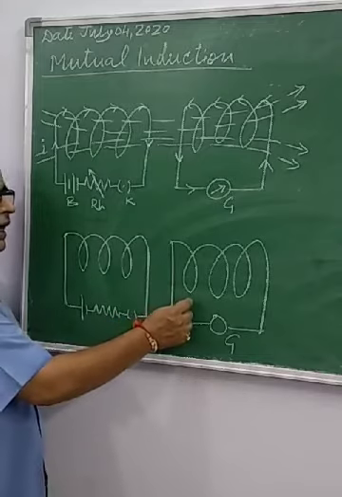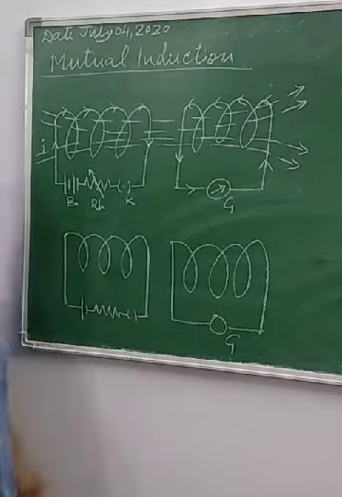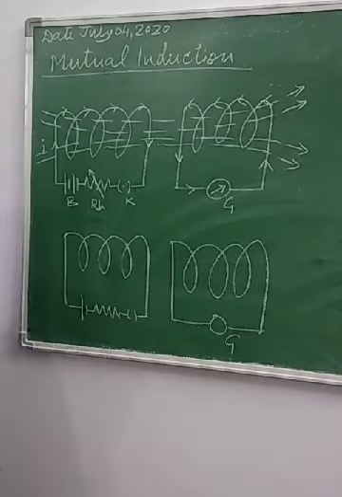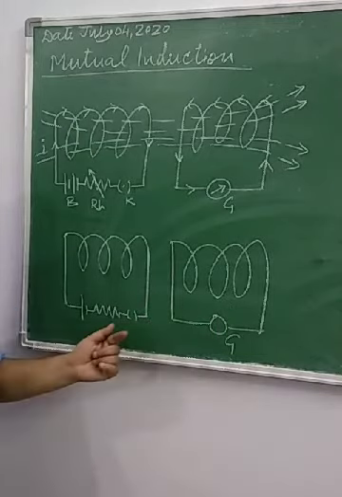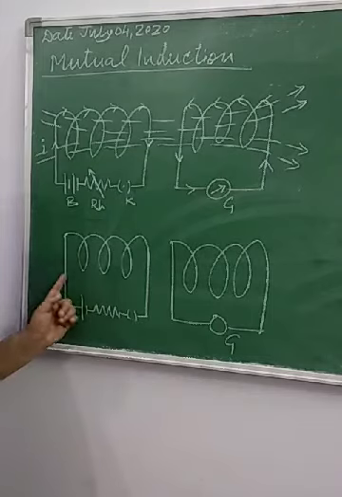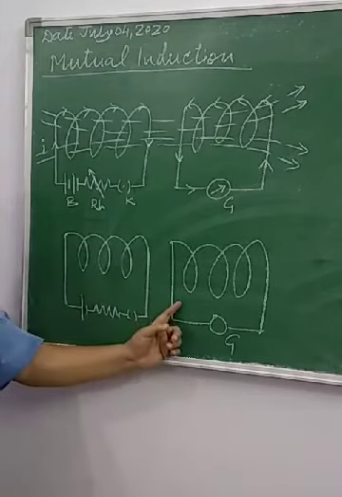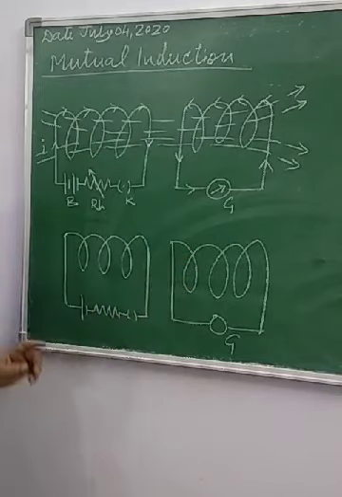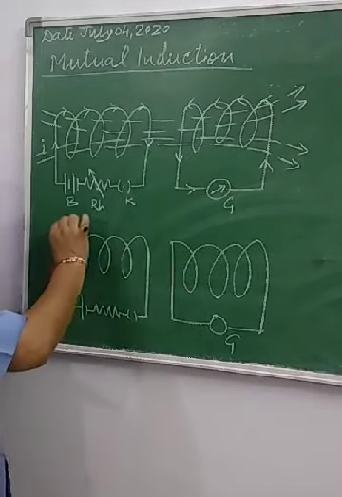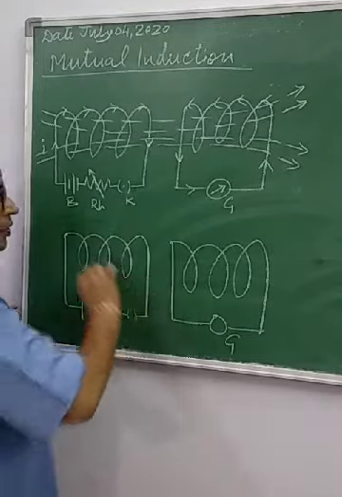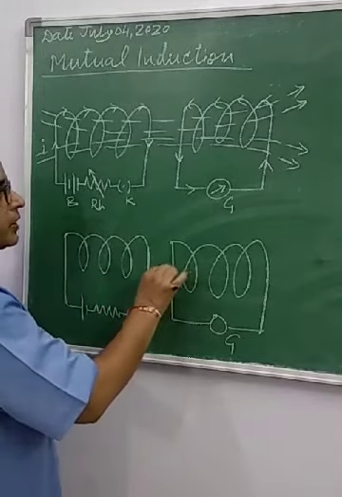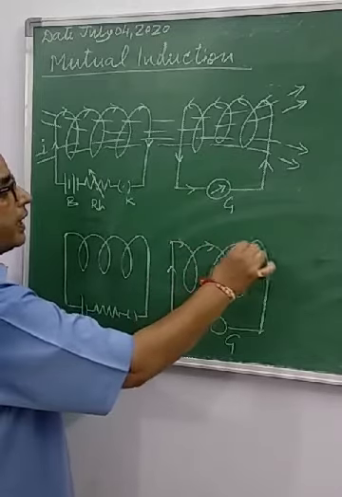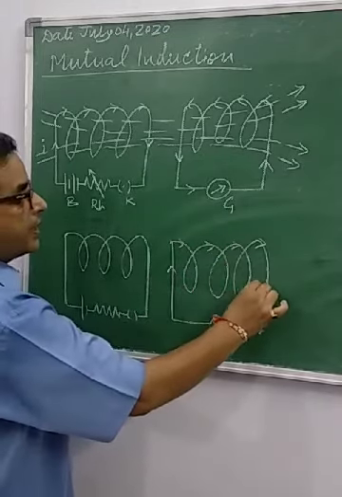So the current developed in the second circuit or coil will oppose the decrease of the current in the primary. So this current flows in the same direction to oppose the main current. Initially the current is flowing in this direction, so to oppose this decrease, the current will flow in this direction.